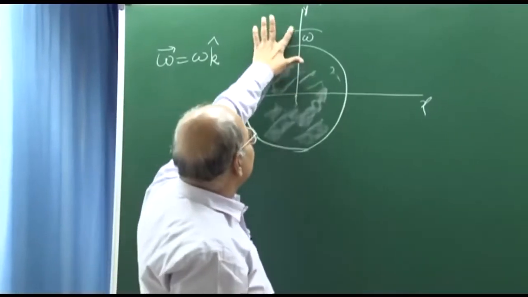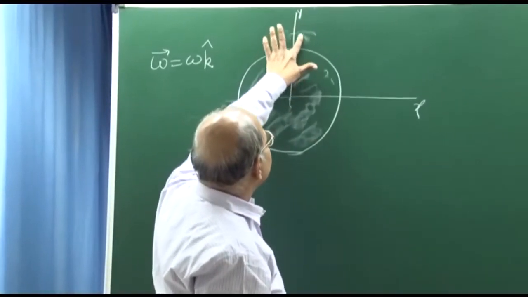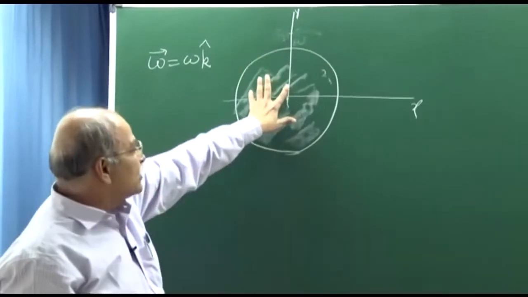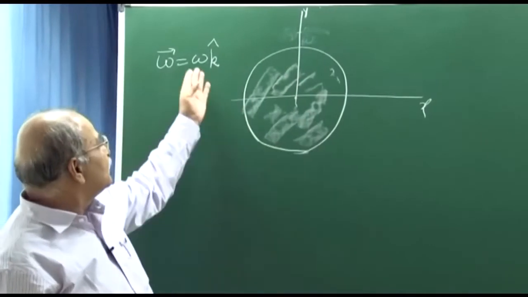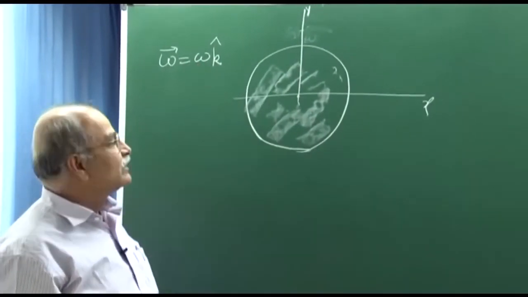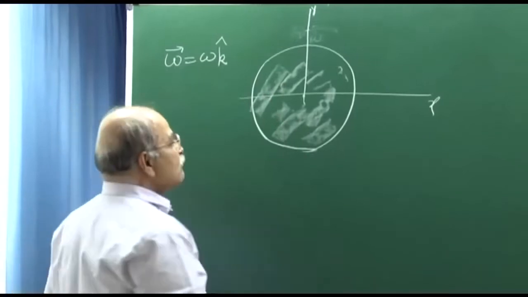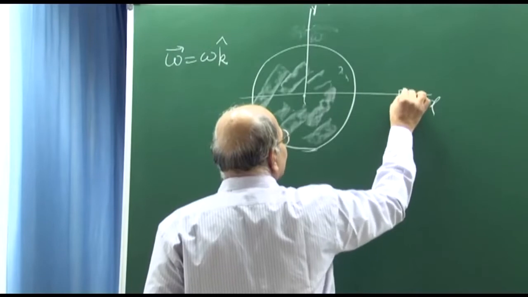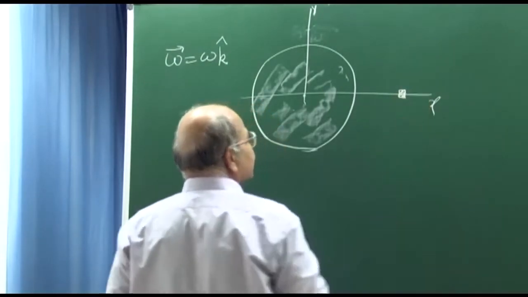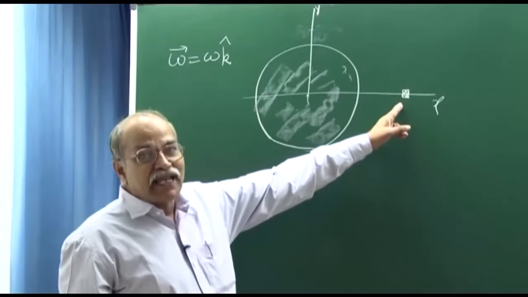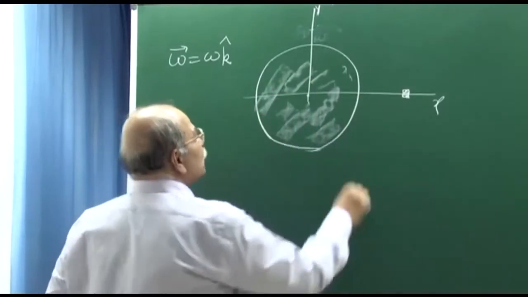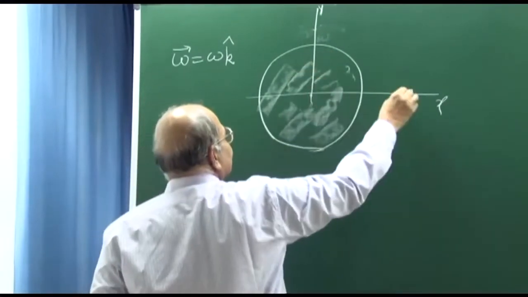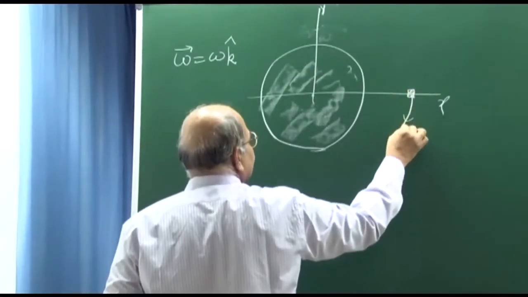But we do remember that this disc is rotating in the lab frame with this angular velocity omega, and from this frame I am looking at some object, say here. At a certain instant this object is here, it is at rest in the lab. So, in this frame it is going in a circle, and in the lab this was going anti-clockwise. So, as seen from here, this will go in this direction, in this circle.